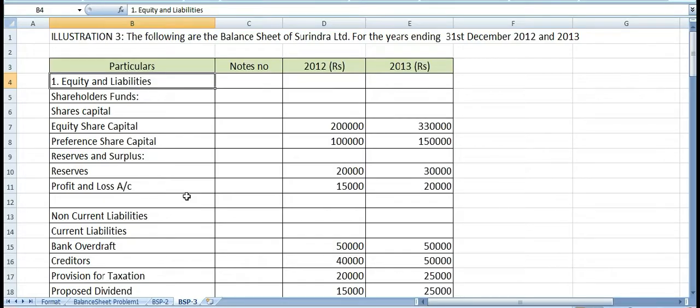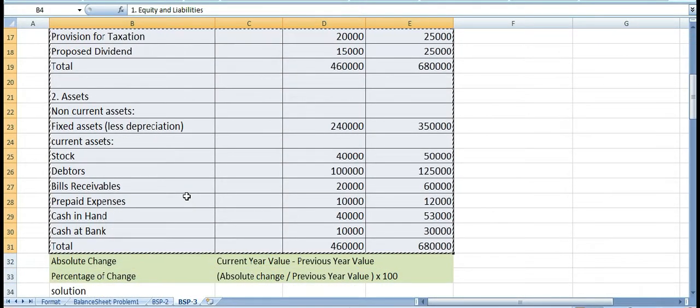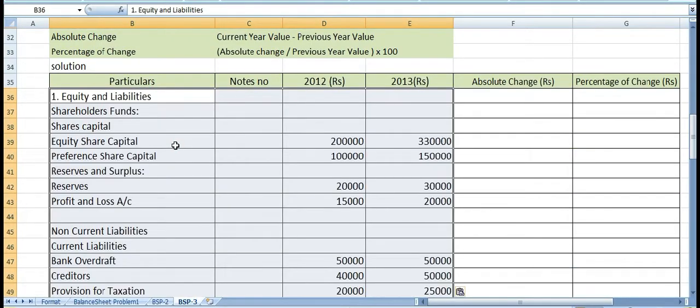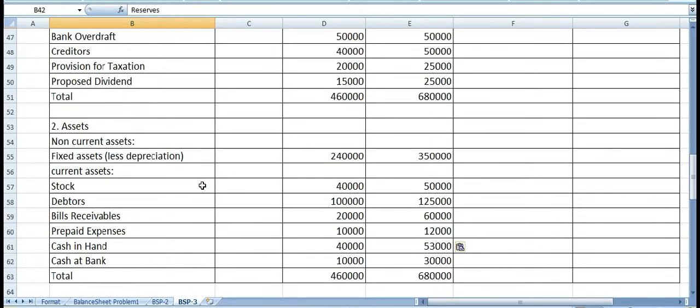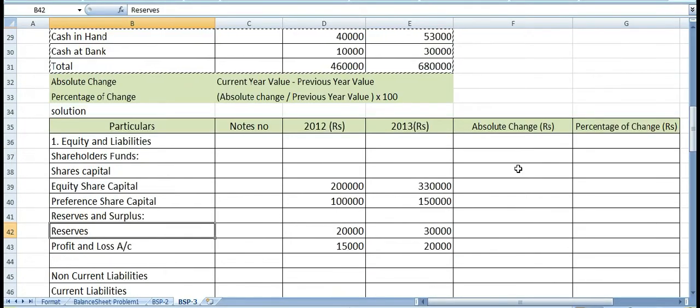So let's take the values together and post them in our table. So equity, share capital, non-current liabilities, assets, everything we have mentioned here. Then we have to calculate the absolute change. Absolute change is calculated using a formula: the current year value minus the previous year value.